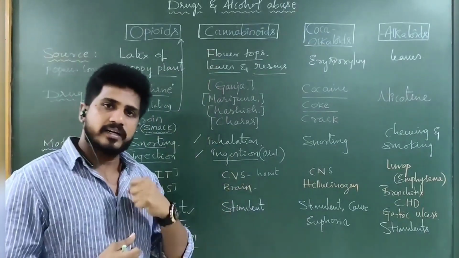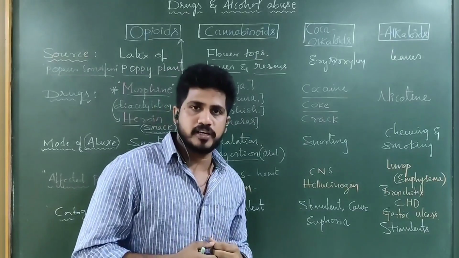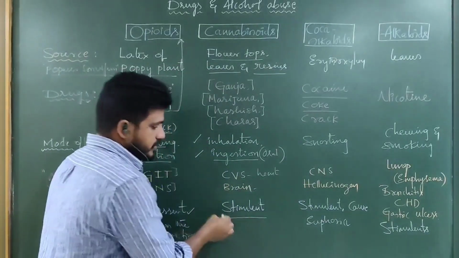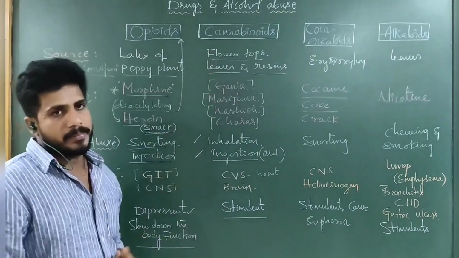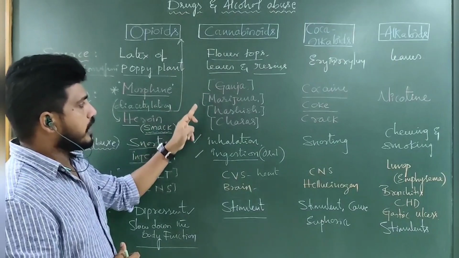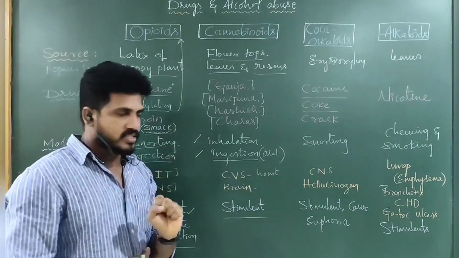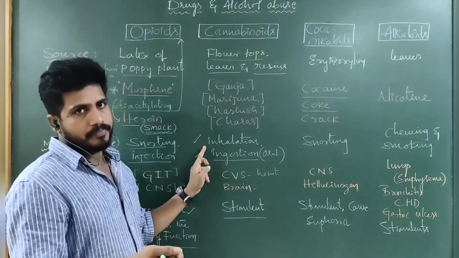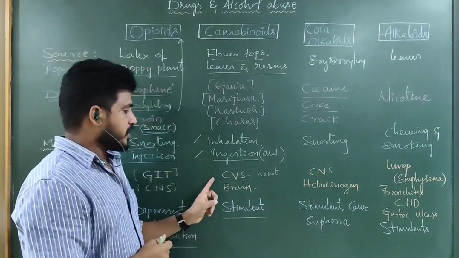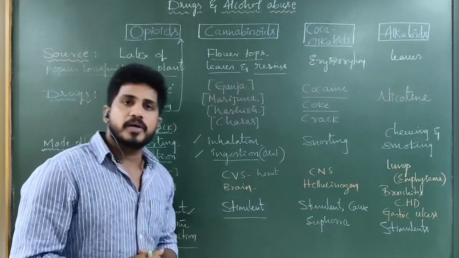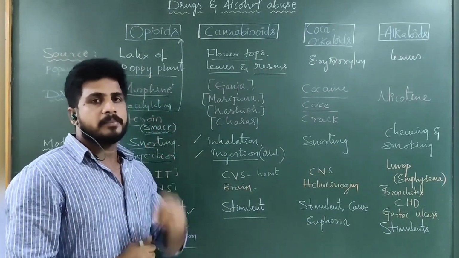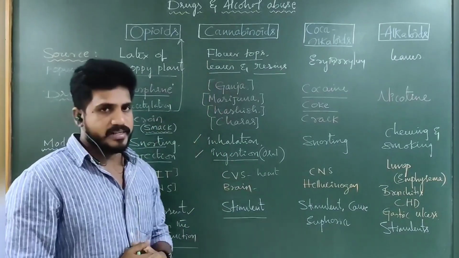These are affected and their original function decreases, so that the person will be physiologically affected. They act as a stimulant. Recap the cannabinoids. Cannabinoids, nothing but drugs like ganja, marijuana, hashish and charas, are consumed by the person by inhalation and ingestion. In that person, the central nervous system, nothing but brain, and the cardiovascular system, nothing but heart, will be highly affected due to the presence of cannabinoid receptors.